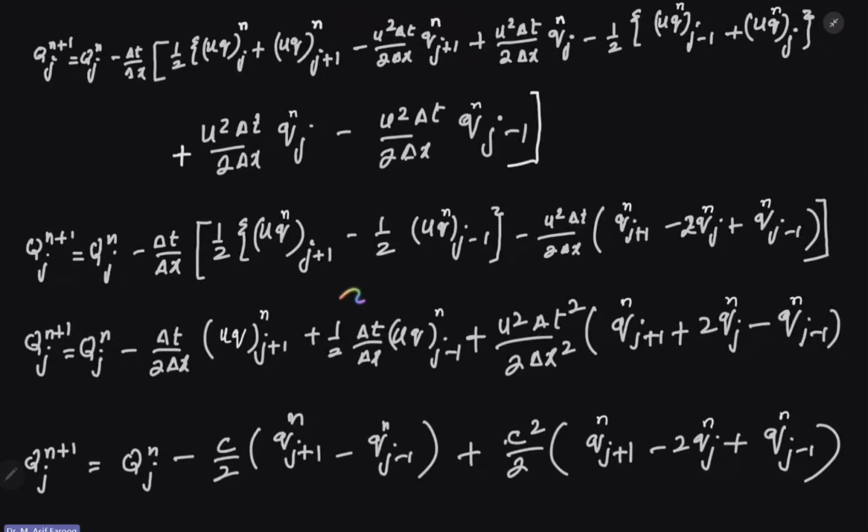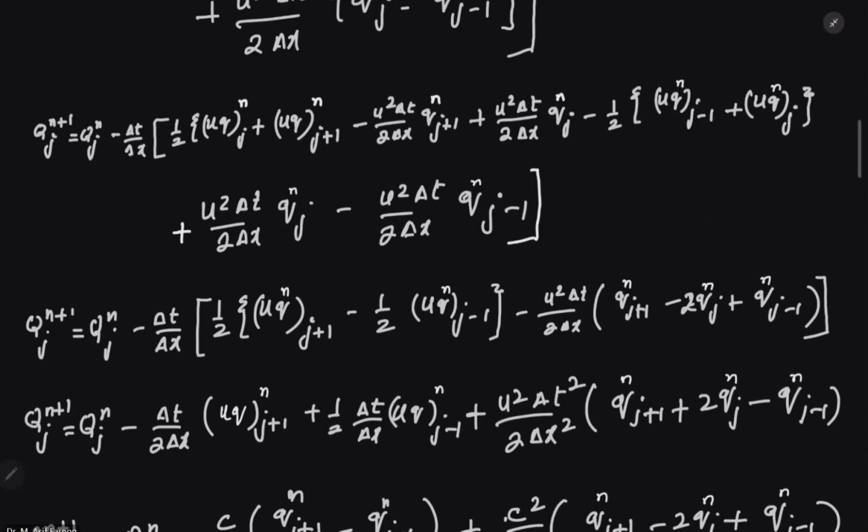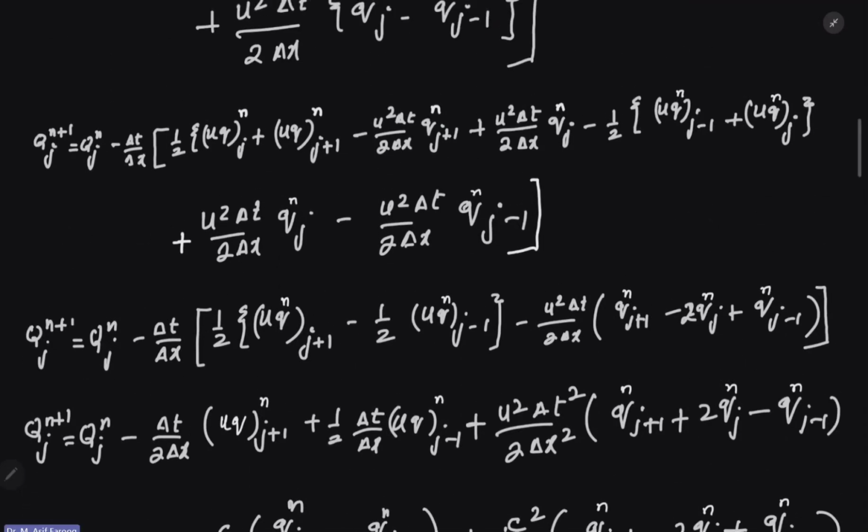So after cancellation, or maybe some simplification, we take a common u square delta t by 2 delta x, and from here we have this term q n j plus 1/2 over here.